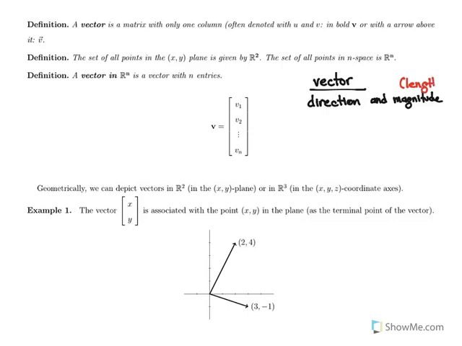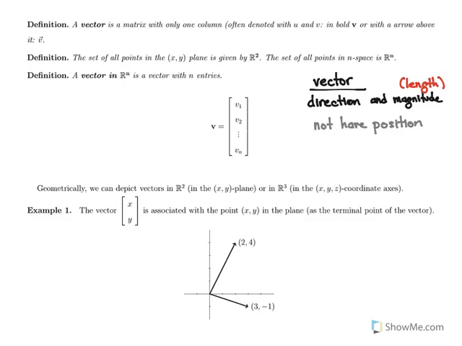It's the length of the vector. But more importantly, a vector does not have position. It gives us two things, a direction and a magnitude, but not a position. We're going to see that in some drawings in this lecture.